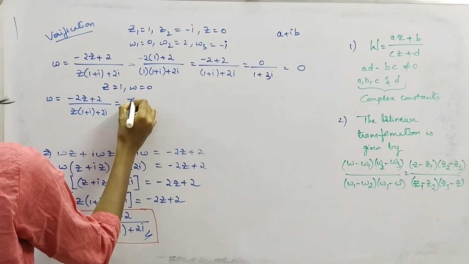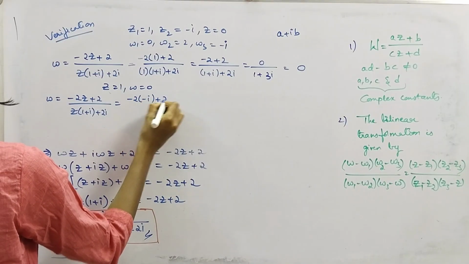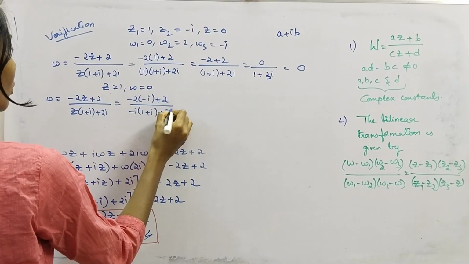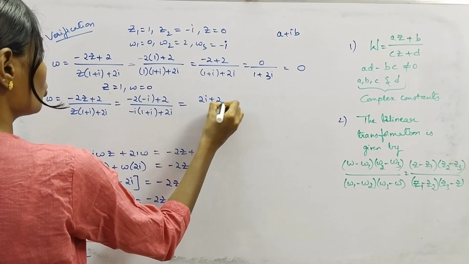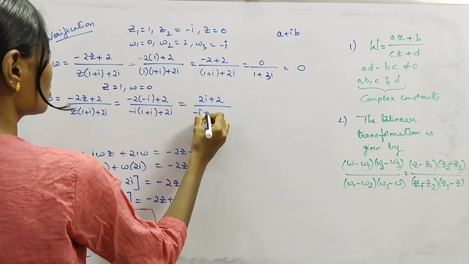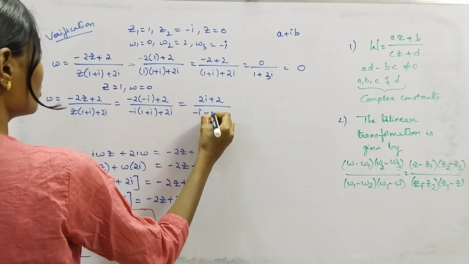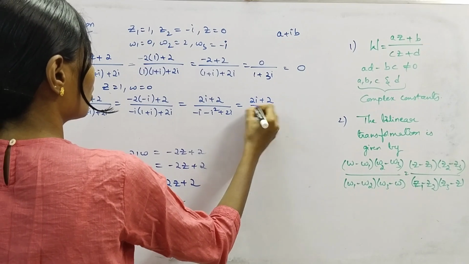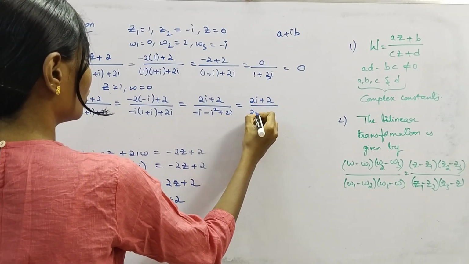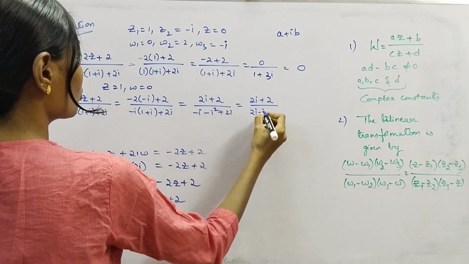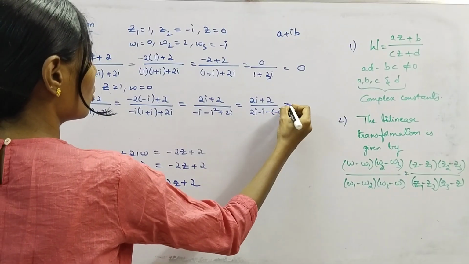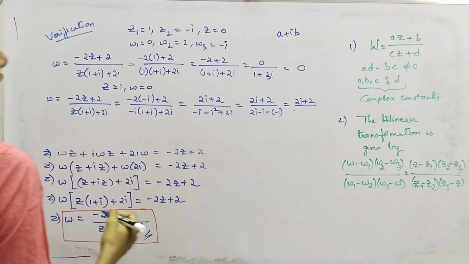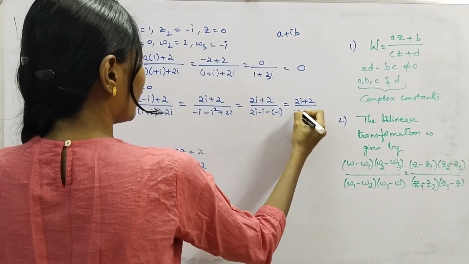When z equal to minus i, minus 2 into minus i plus 2 by minus i into 1 plus i, minus i square plus 2i, which gives us 2i plus 2 by 2i minus i square, minus i square is minus of minus 1, which gives us 2i plus 2 by 2i minus i is i, right?